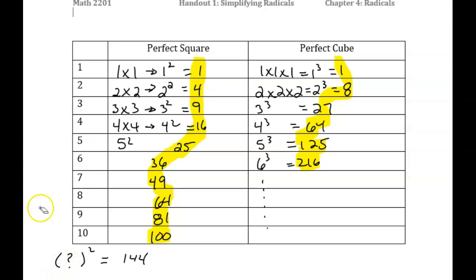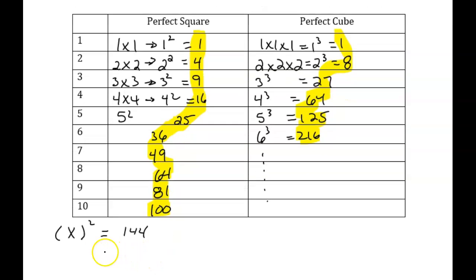Well, if you don't know the number, instead of saying question mark, let's just say x. Then you would have to perform an operation called square root. And you get 12.